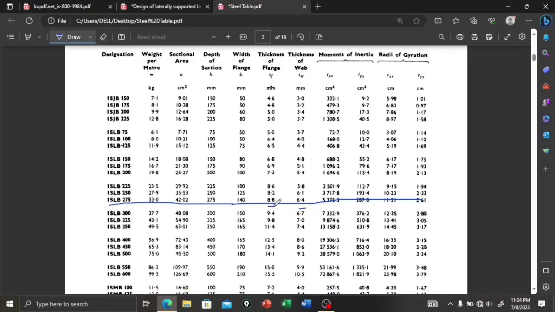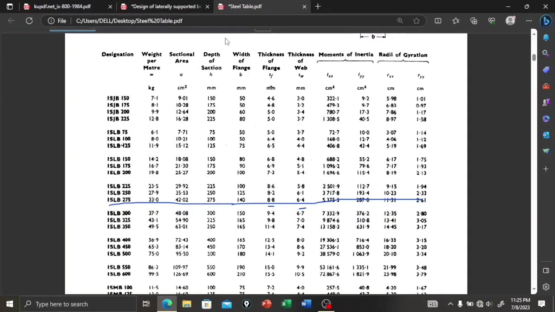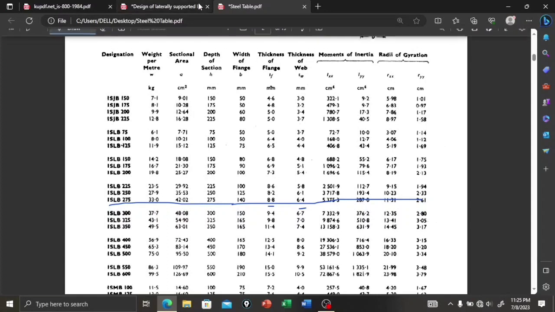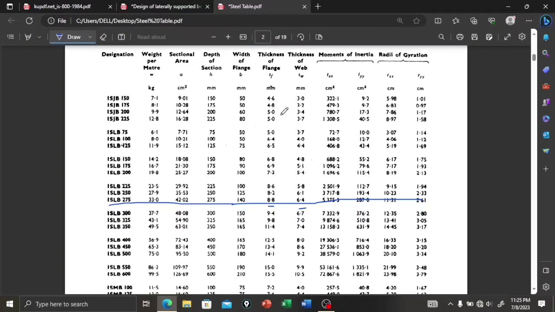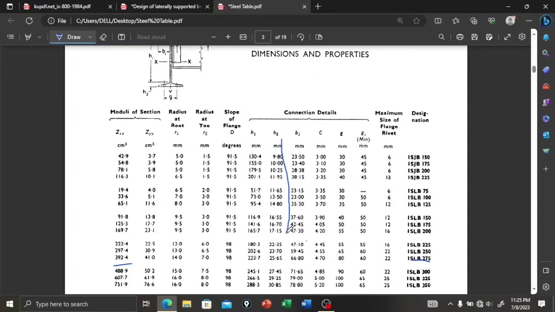Ixx is 5375.3, and ry is 25.65 millimeter.